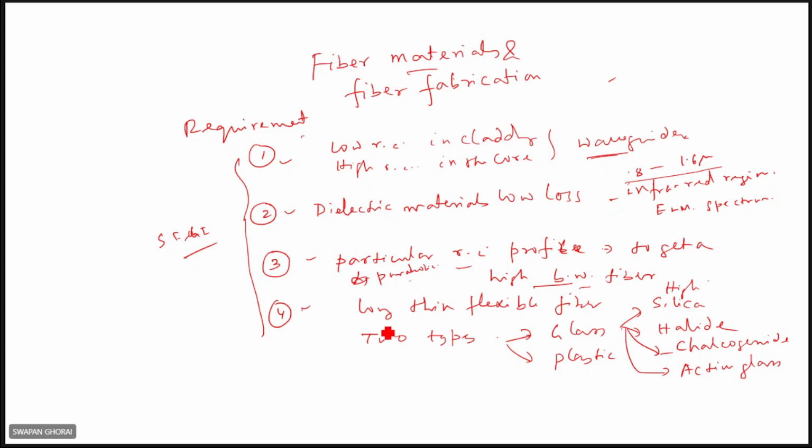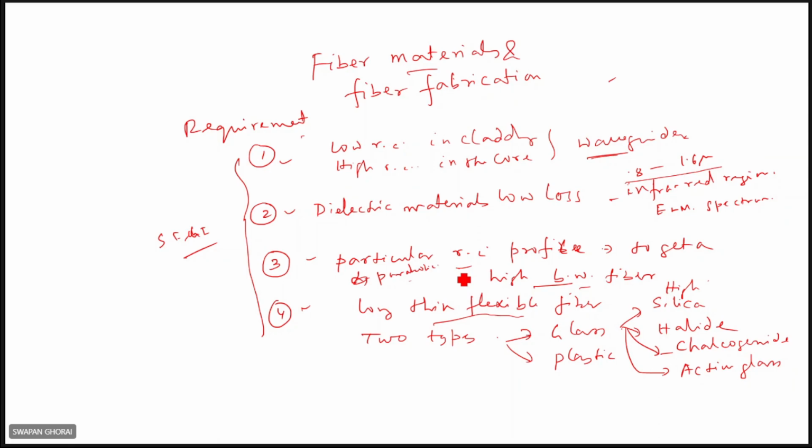The fourth condition is this: the material would be such that we can draw a long, thin, flexible fiber. I don't know whether you have done the surface tension experiment in the 12th class. If a hollow glass tube is heated and pulled, it becomes just like a fiber, but of course that is a hollow one. Similar things happen here also.